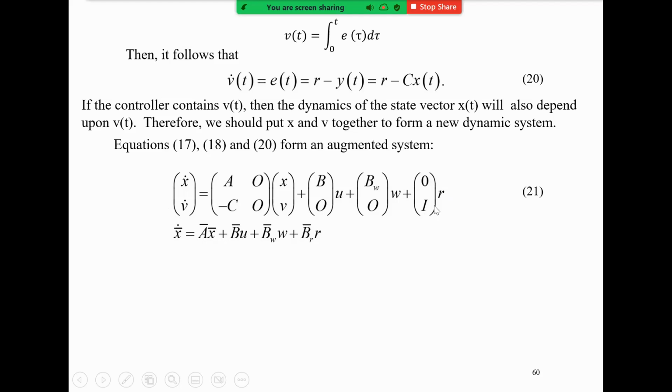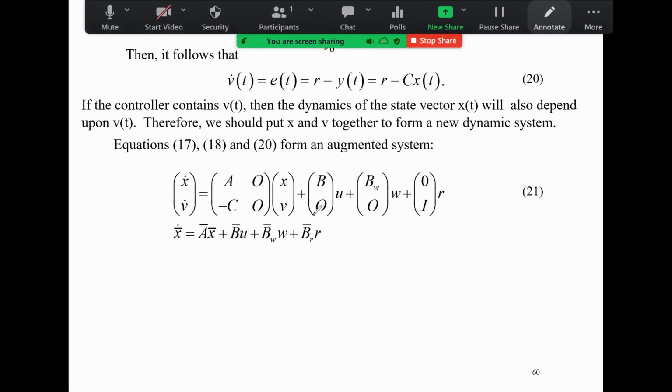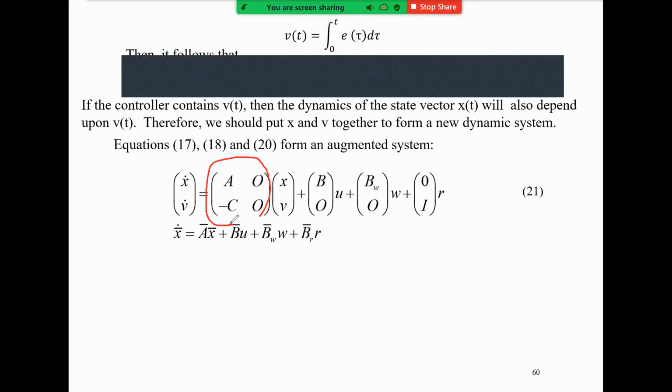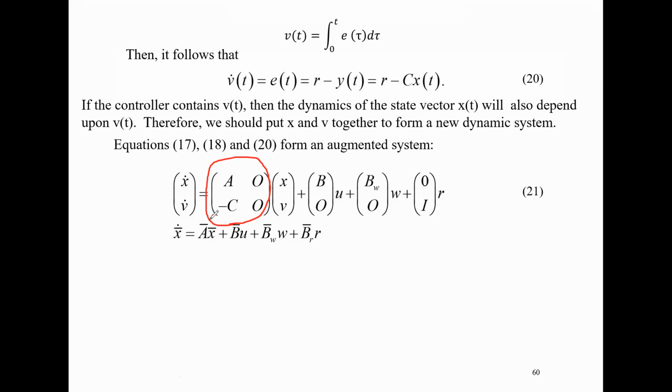Okay, then we have a new dynamic system, and the state of this dynamic system includes not only X, but also V. We define this XV, a new vector, as X bar. So we have X bar dot, the change rate of this X bar. We have a new matrix that corresponds to A bar.